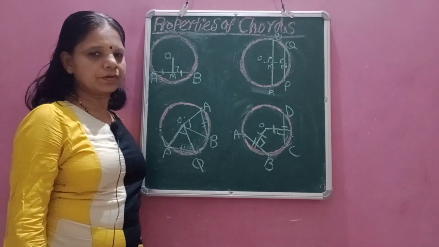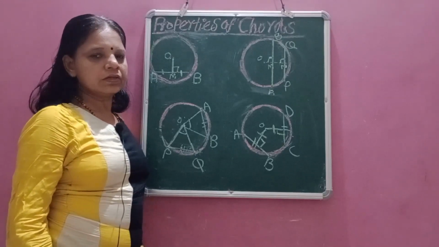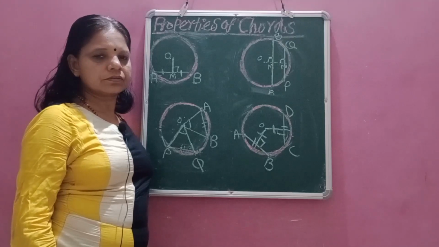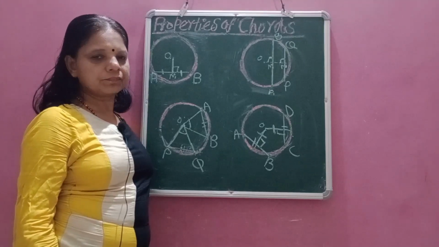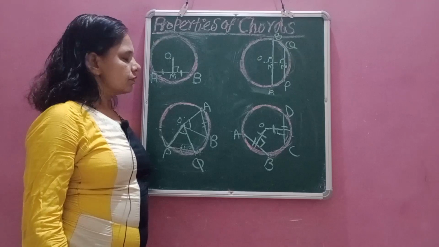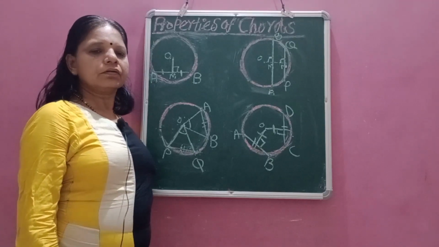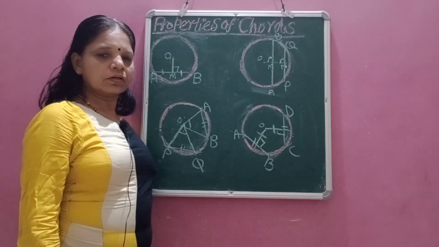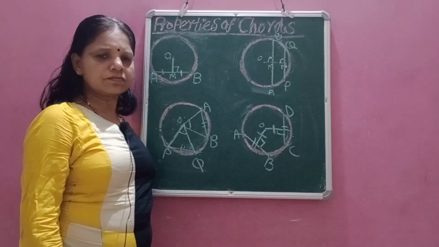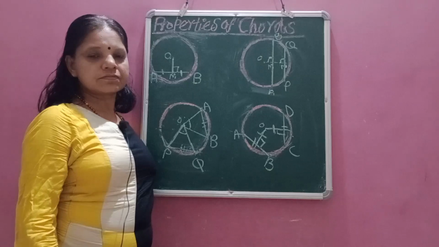That is the first property. So how will you say the statement of this property? Segment drawn perpendicular to a chord from the center of the circle bisects the chord.